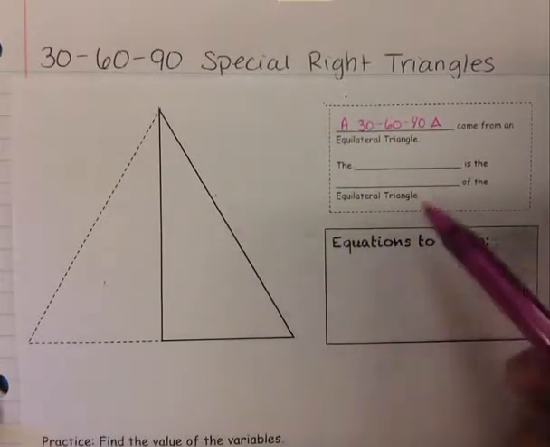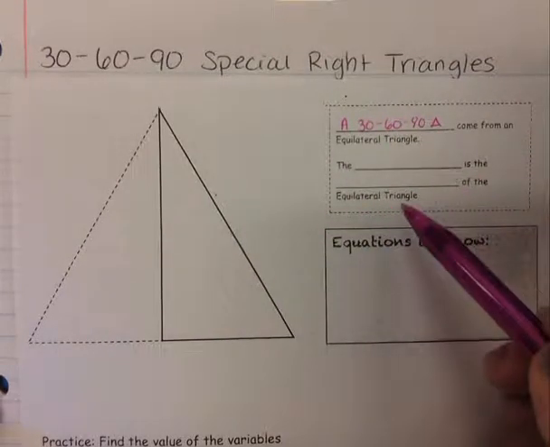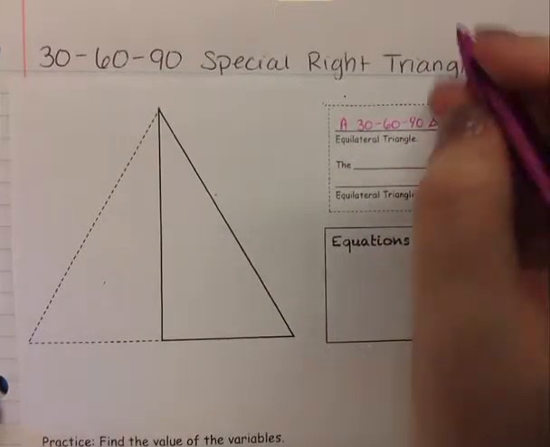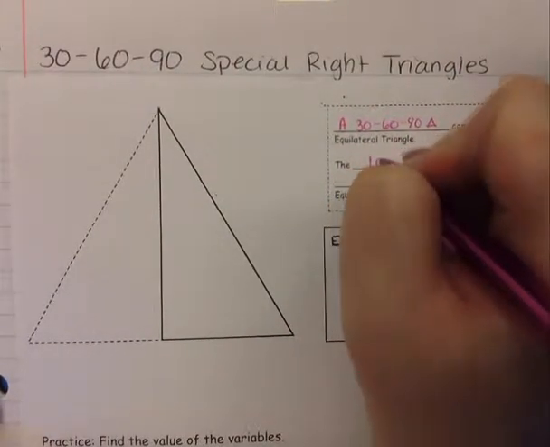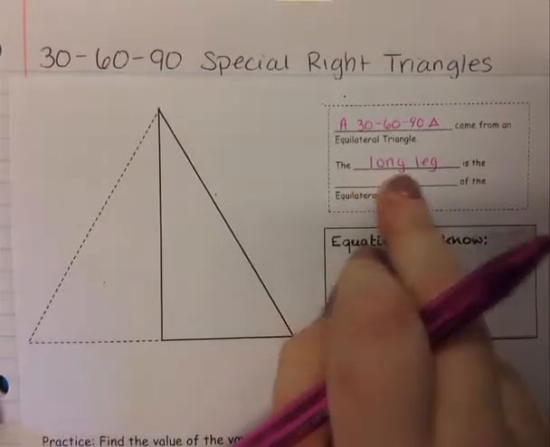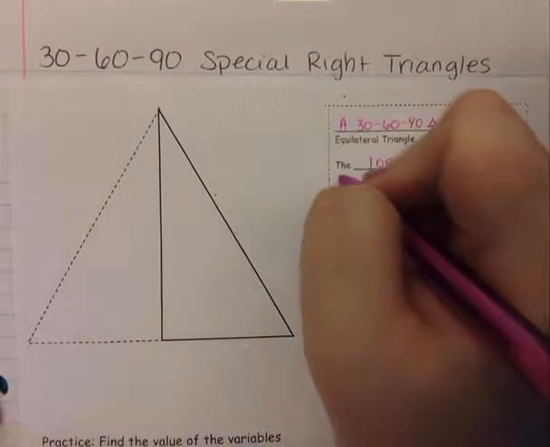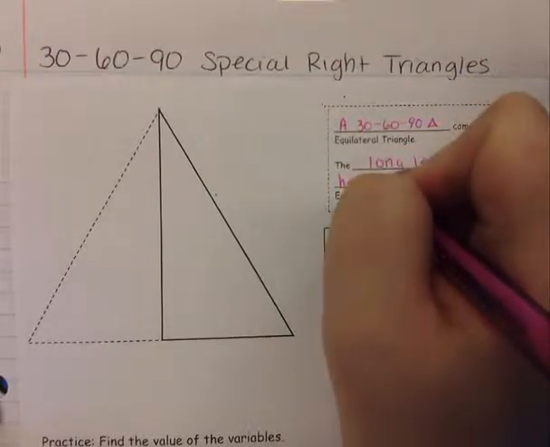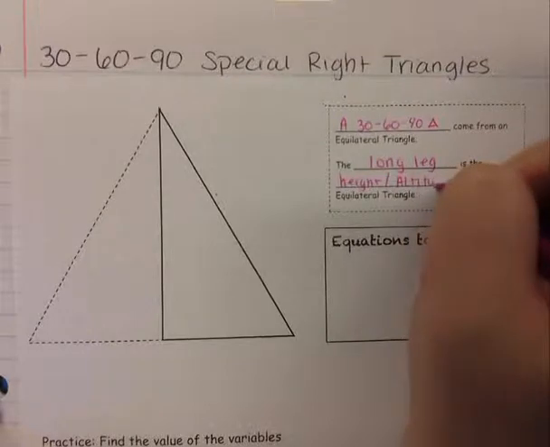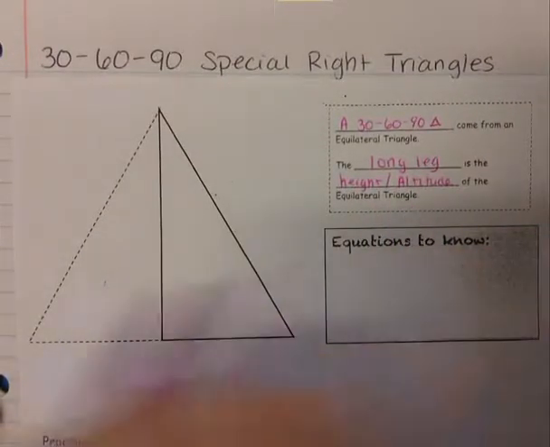The blank is the blank of the equilateral triangle. The long leg, and we will use that terminology, the long leg, is the height or altitude of the equilateral triangle.